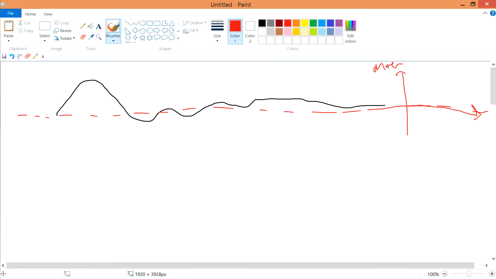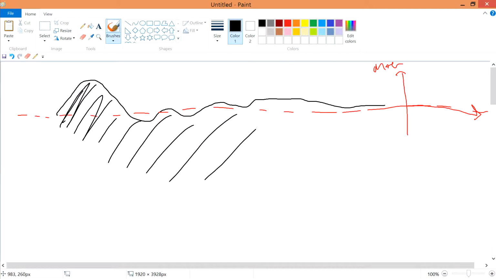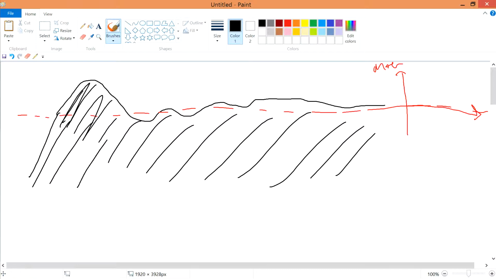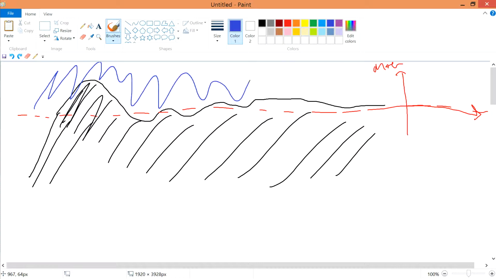Everything over here is our material. The white space over here, in blue, is all the environment, nothing regarding our particular material right now. So this is the surface of our material.